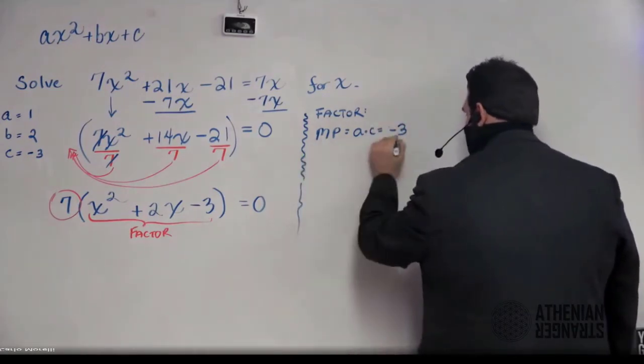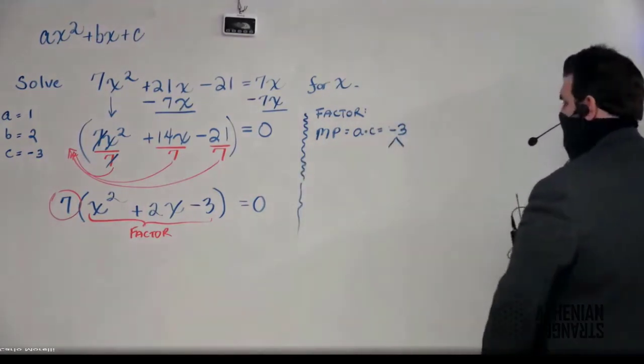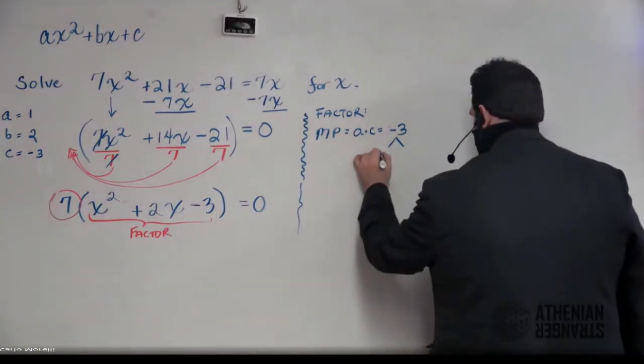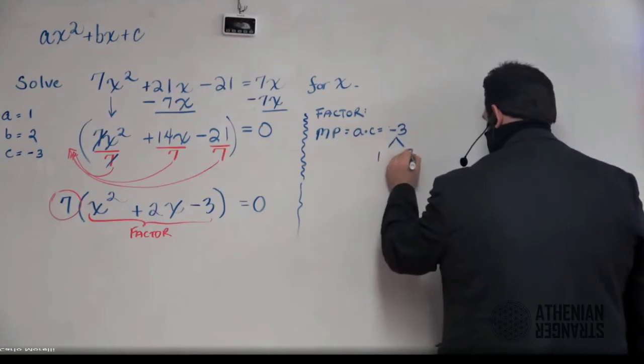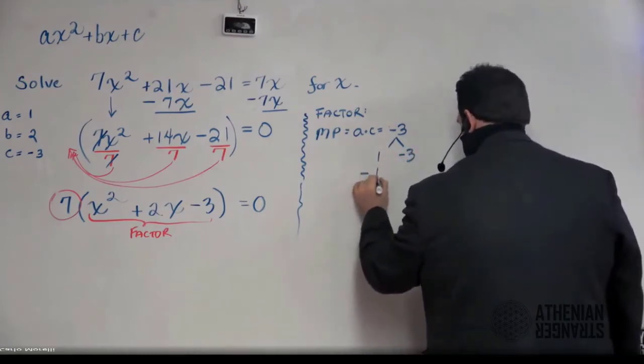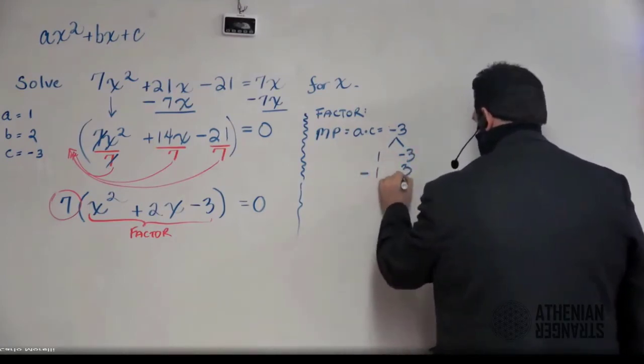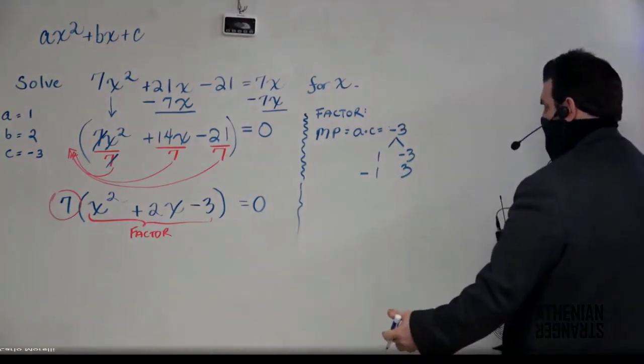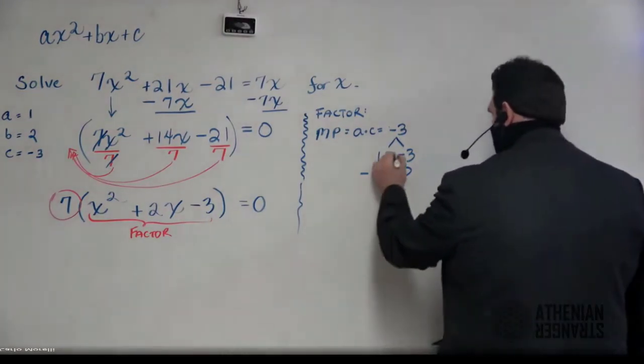And now we factor that master product. And you list all the ways you can get negative 3. Like you can get it 1 and negative 3, negative 1 and positive 3. And to the best of my understanding, that's it. Now we add those.